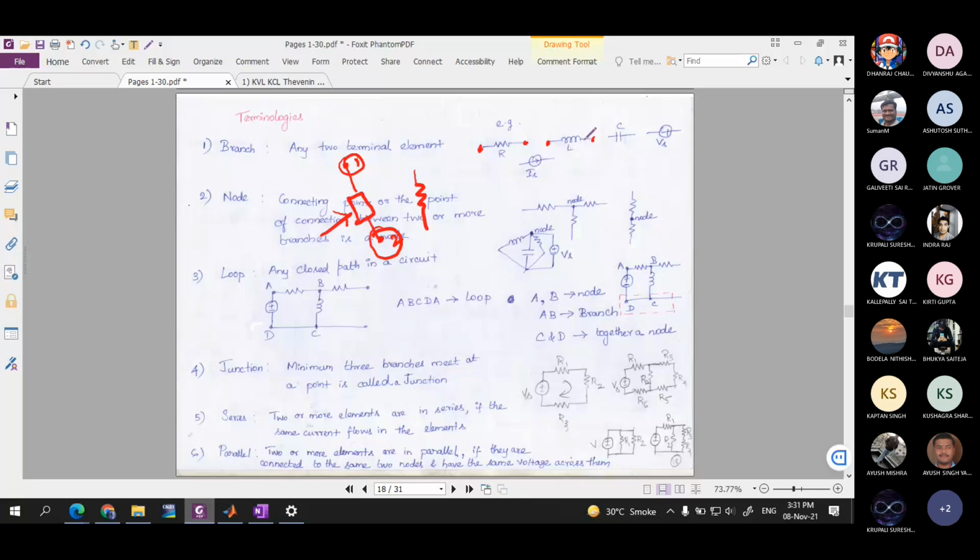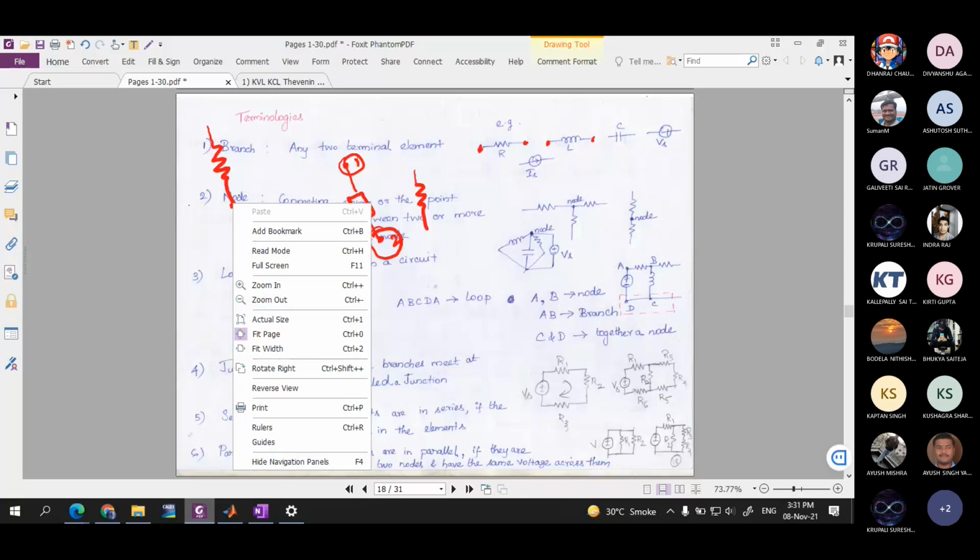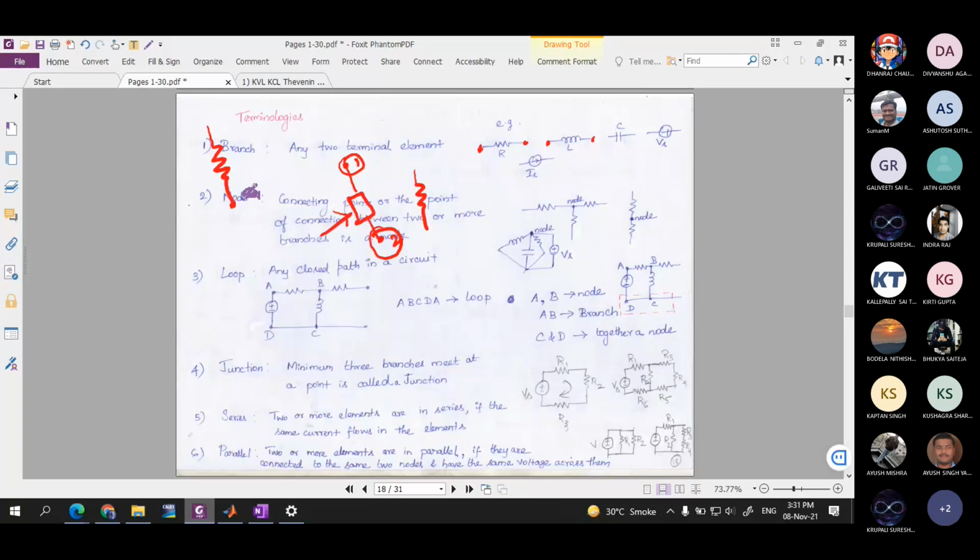Then node. Node means, let us consider that you have a resistor and you are connecting it with some other element. Let's say that this is terminal 2 and this is terminal 1, and you are adding another element, it can be a resistor, whatever it may be.